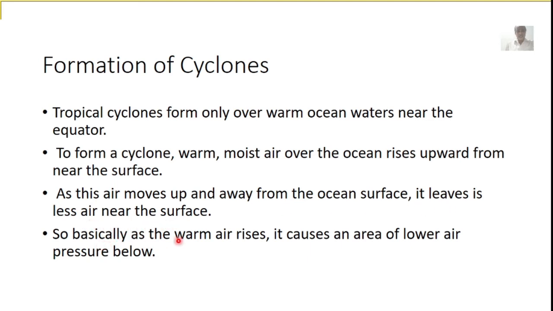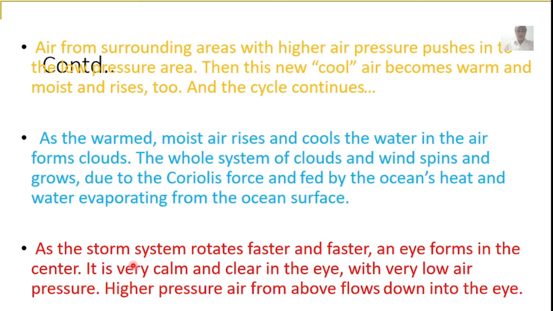So basically, as warm air rises, it causes an area of lower air pressure below. Air from the surrounding area, with higher air pressure, pushes into the low pressure area. Then this new cool air becomes warm and moist and rises too, and this cycle continues.